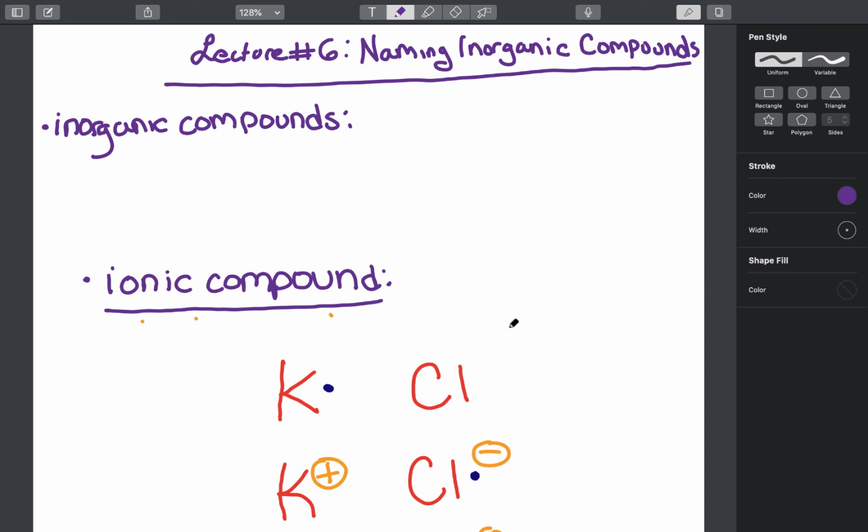So today we're going to be talking about how to name inorganic compounds. In the description of the video I'm going to try to put in a PDF file of these notes, because there's a lot of typing in this lecture, and I think it would be easier for you to just print up the notes and follow along as we go.